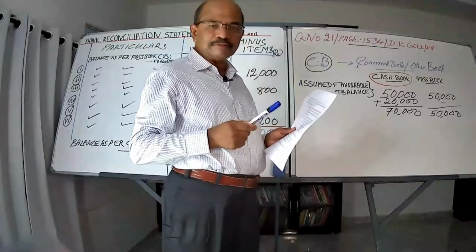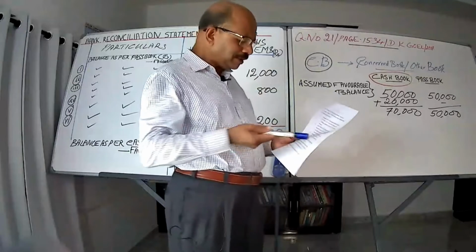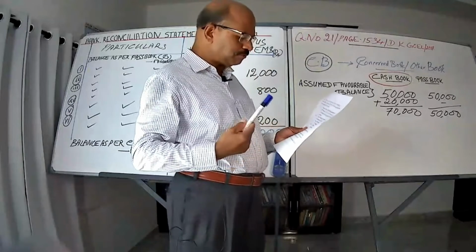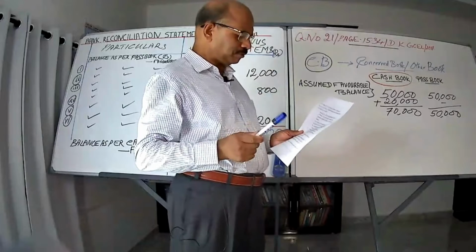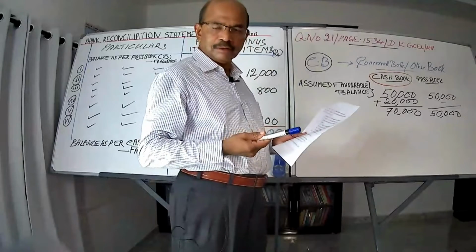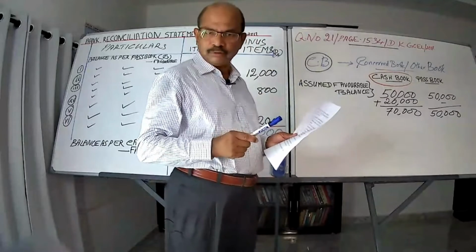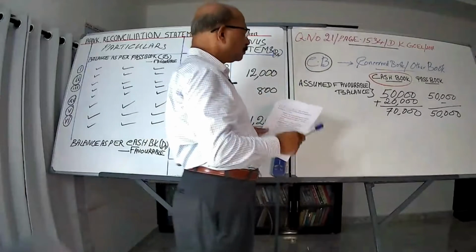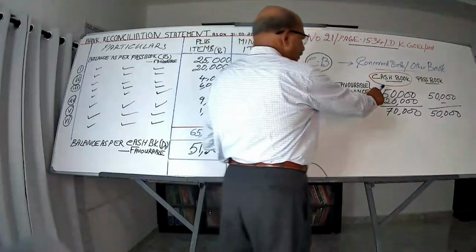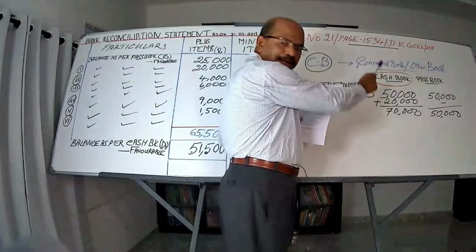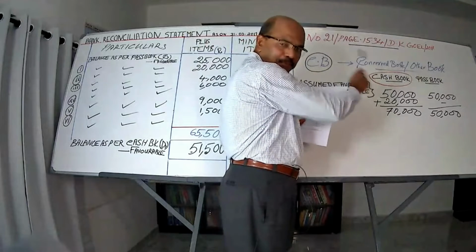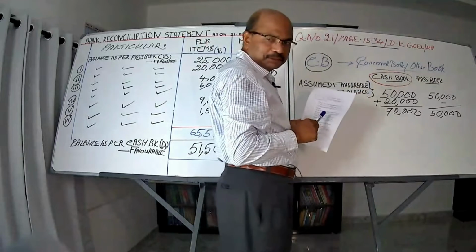Now you may ask, why this 50,000? How you have determined? Well, an overview of the question, we will find that 50,000 will be a comfortable amount. You can take even 40,000 or 30,000, but don't take an inconvenient amount. Okay, fine. So 50,000 was there in the cash book as well as in the passbook before this discrepancy.